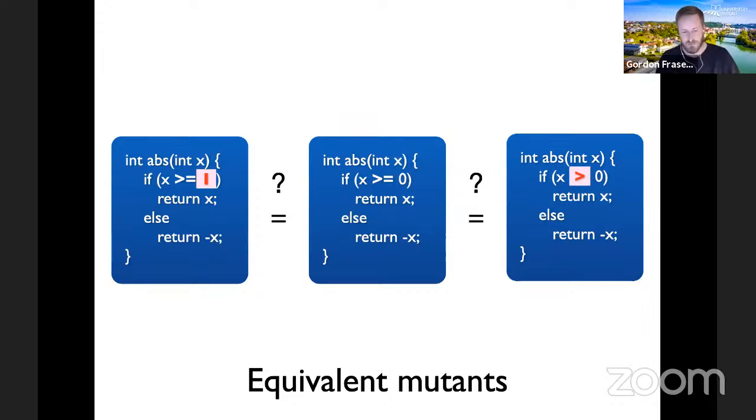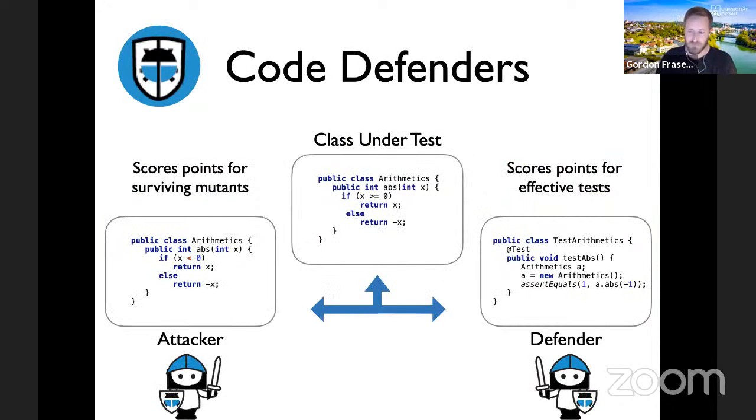So in classic mutation testing, that is kind of a problem because it skews your mutation scores and potentially wastes time investigating equivalent mutants. We have integrated equivalent mutants into the gameplay.